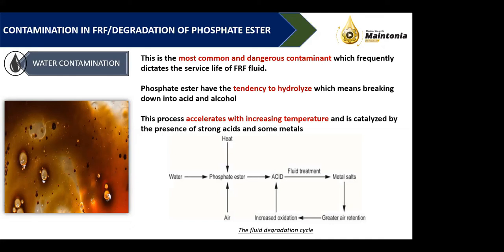I can say that almost every plant has already faced this situation: replacement of MOVE valves due to sluggish operation or failure in operation. When we dismantle those valves, we find micro pitting on the valve spool.